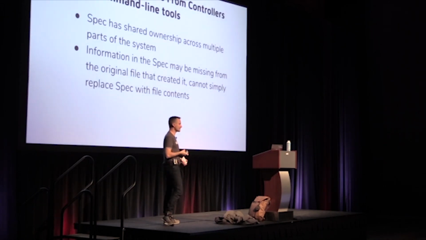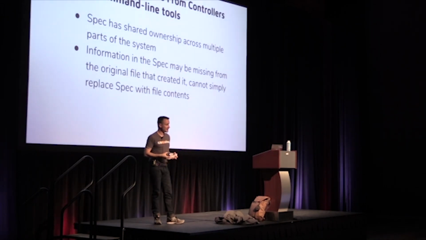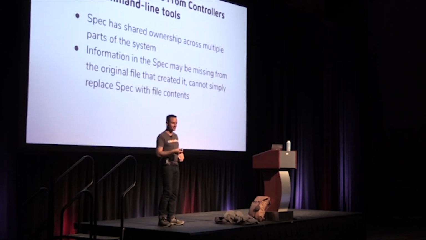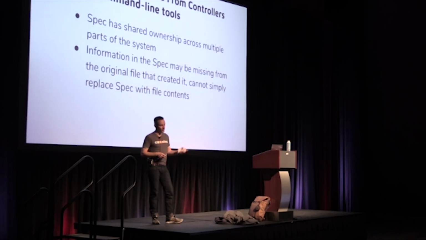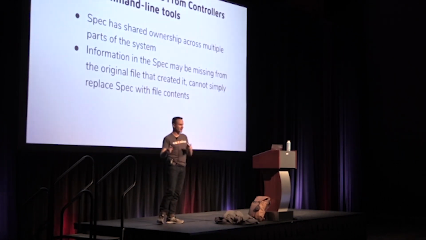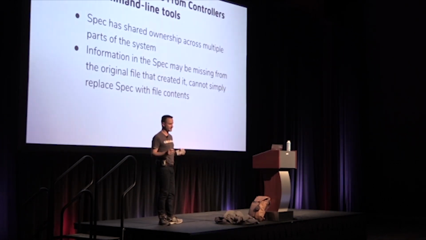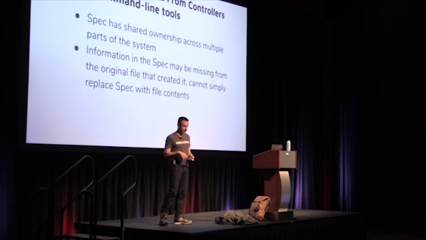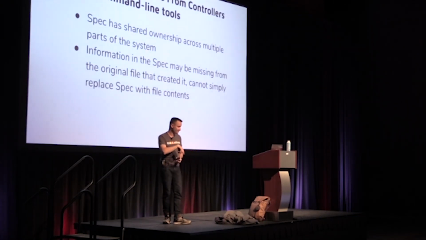So the way kubectl apply does this is it stores a copy of the last thing it applied in an annotation. Right? So this is where that annotation extending the schema comes in. When it applies something, it writes the annotation: here is the file that I used to create this thing. And so now the kubectl tool can go and look back in history at the last thing it applied.